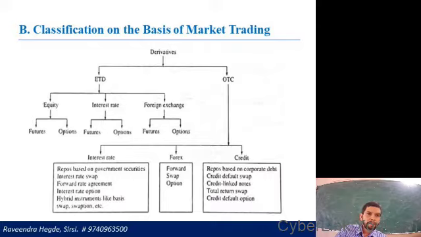Derivative contracts that are traded and privately negotiated directly between the two parties without going through an exchange or other intermediary are called OTC derivatives, over the counter derivatives. And on the other side, the derivatives which are traded on the recognized exchanges are known as exchange traded derivatives, or ETD.